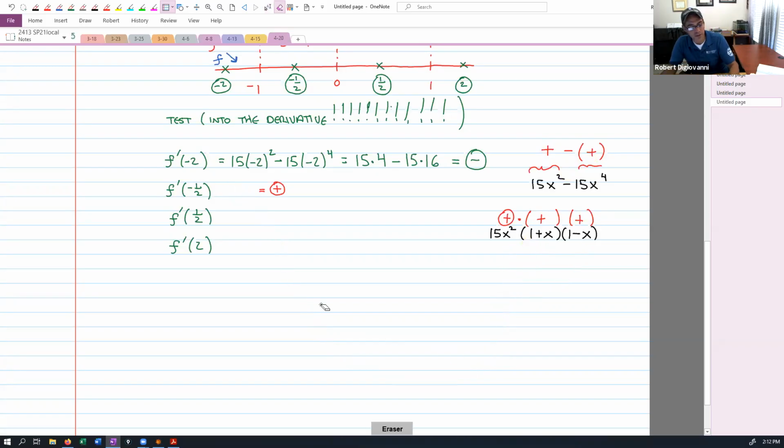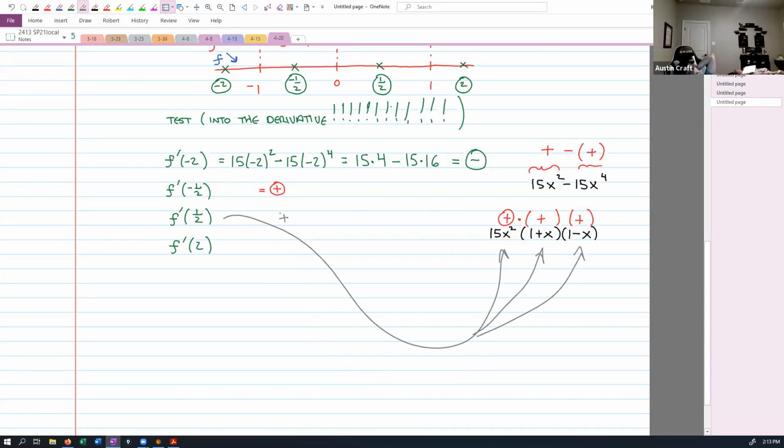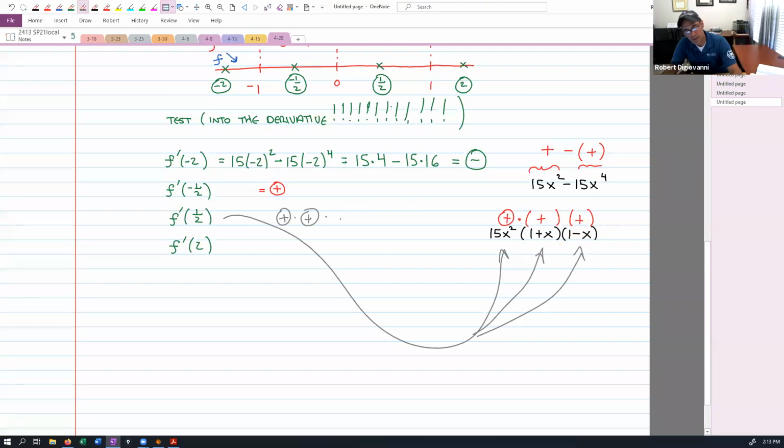Let's see, maybe we can do the same thing for this one. What about if we took this one and plugged it in here, here, and here? Let's see if we can work quickly through it. 1/2 here squared, positive. Okay, I'll have a positive times 1/2 in here, positive. 1/2 in here, positive again.